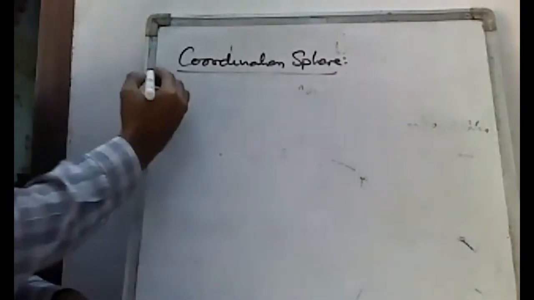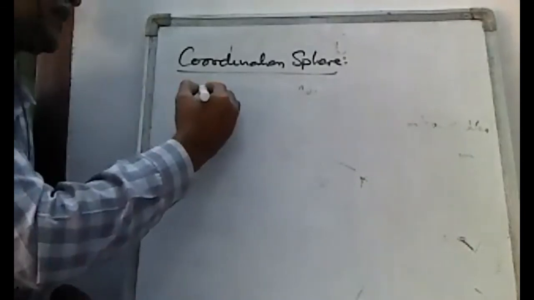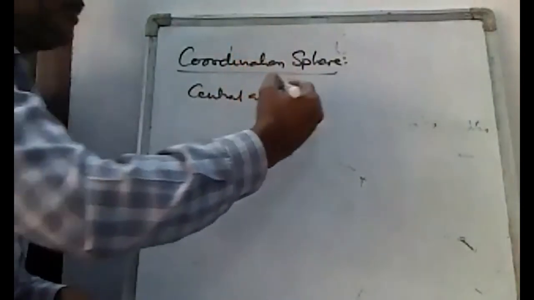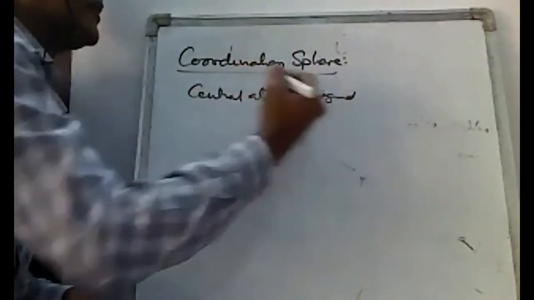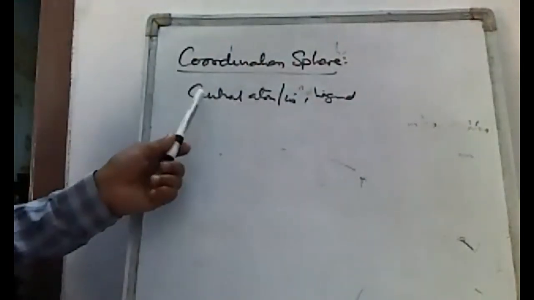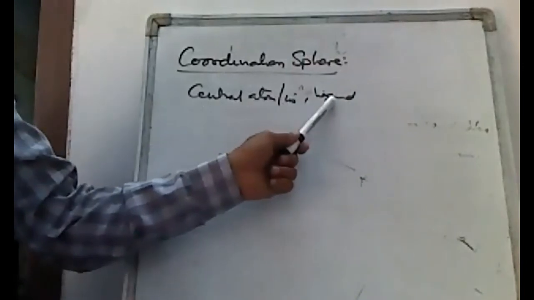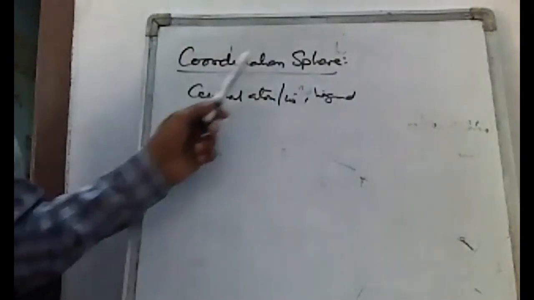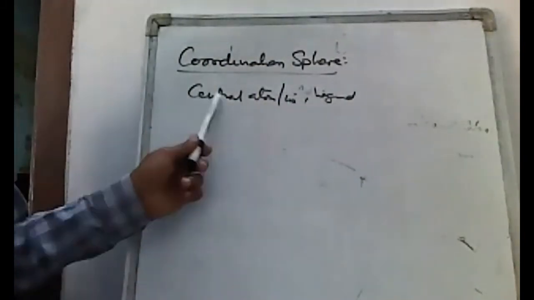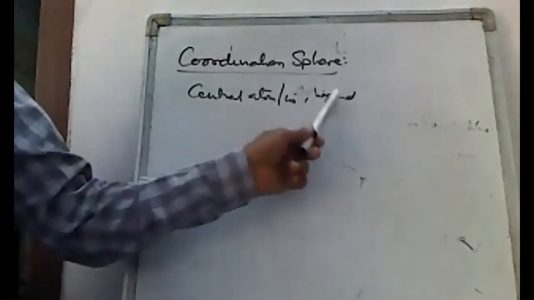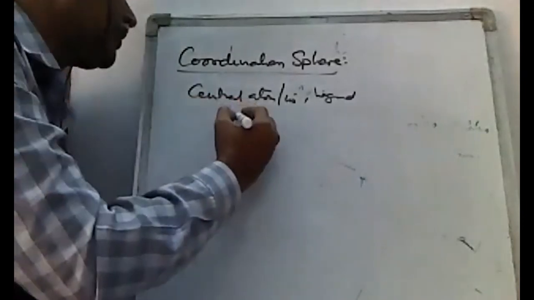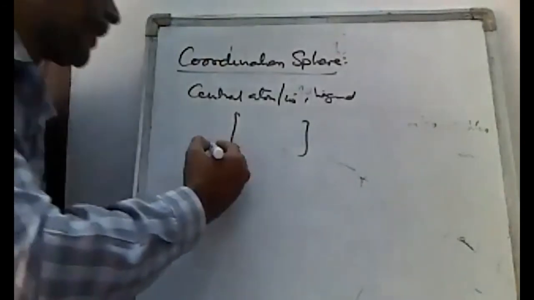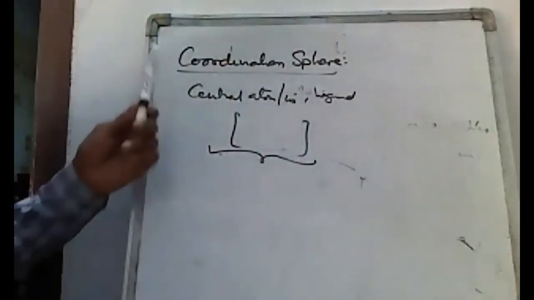In any coordination compound, we see the central atom or ion and the ligands attached to it. The central atom and the ligands attached to it, enclosed in square brackets, that entire unit we call the coordination sphere.